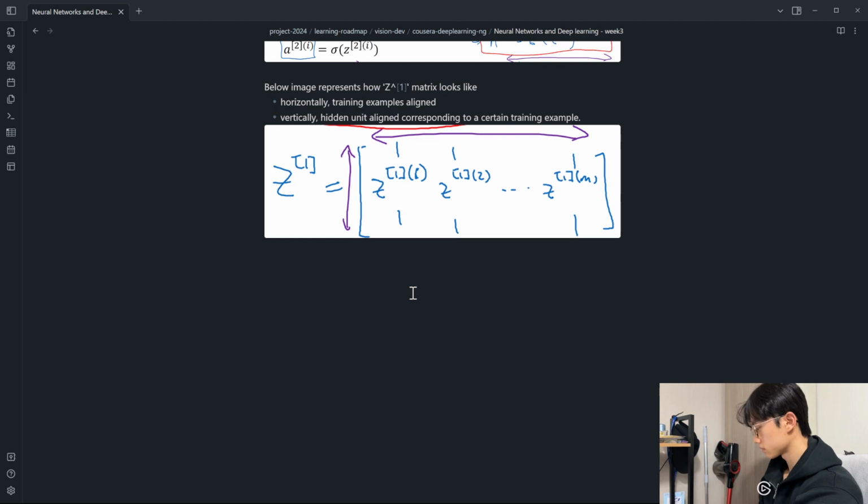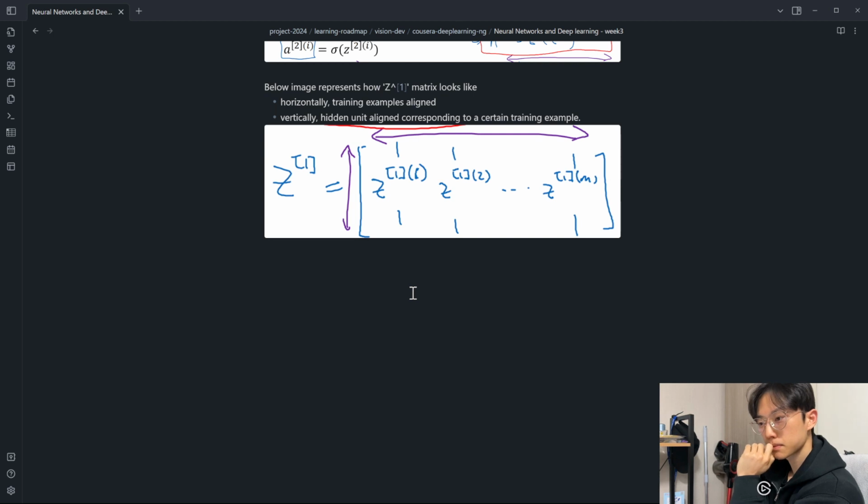Let's say that for the first training example, you end up computing this W1 x1 plus b1, and then for the second training example, you compute W1 x2 plus b1, and then for the third training example, you compute W1 x3 plus b1.